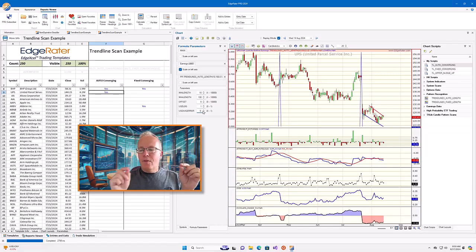Then you find the lowest error, and that's the slope of the line. And you do the same for the lower one. The other rule is that there can be no close price above the upper line or below the lower line in all of those data points. But no, there's no way to set a parameter for how that error is calculated, other than whether it's going to be an average of all of the bars or not an average of all the bars. And you can play around with that setting and see what kind of lines it gives you. So yeah.